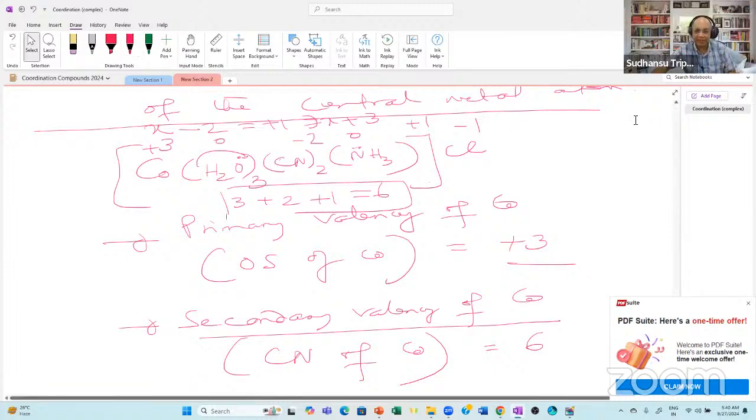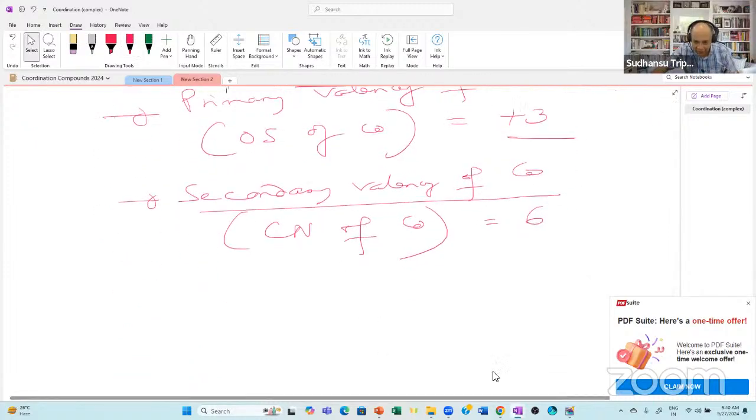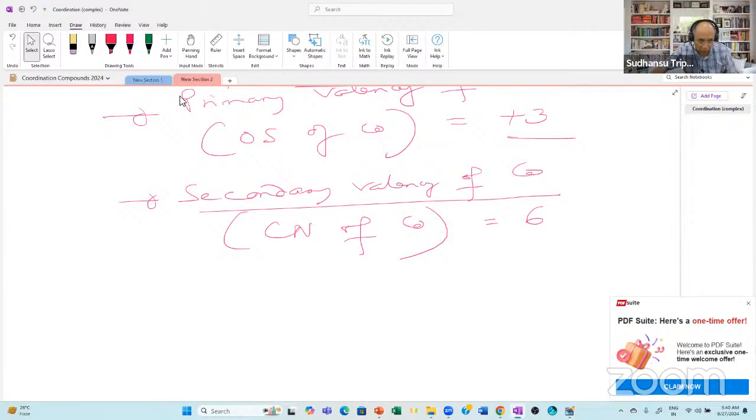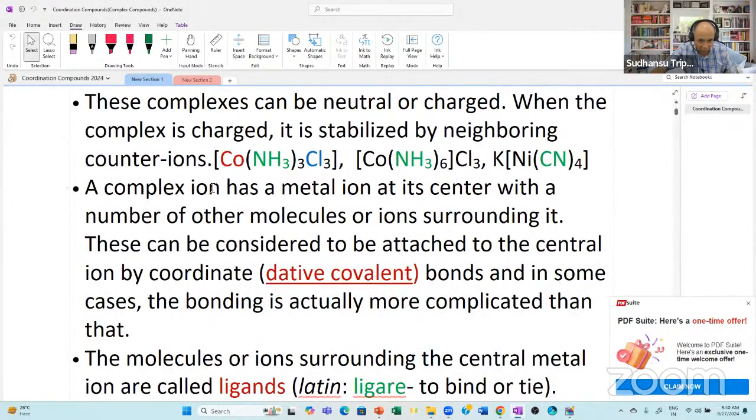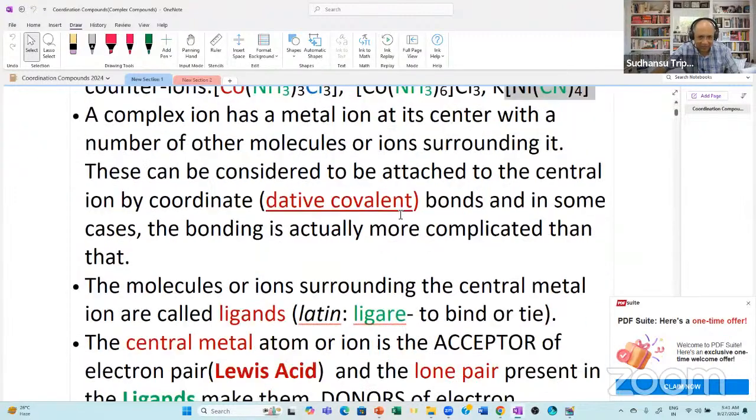Nothing to worry. So here is what we are supposed to write down at home, which I have already told you. This is a neutral complex. There is nothing outside the coordination sphere. Here the complex is cationic because anions are outside, swimming outside, and this is an anionic complex where the counter ion potassium ion is moving here and there.